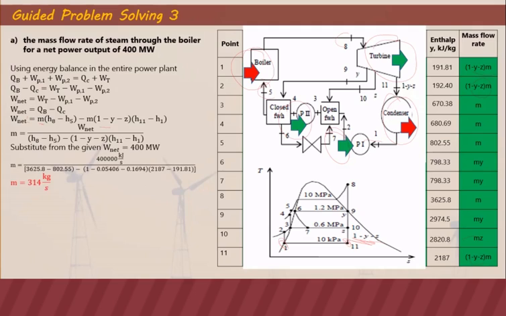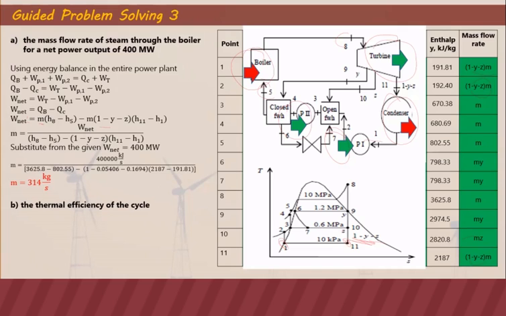So the mass flow rate of steam through the boiler is 314 kilograms per second. So this is per second, there is 314 kilograms of steam flowing through the boiler. That's an enormous amount of steam.